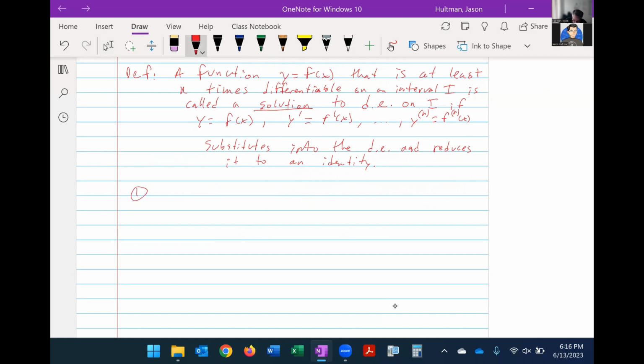Okay, number one, verify that y of x equals c1 e to the 2x plus c2 e to the negative 2x is a solution to the linear differential equation y double prime minus 4y is equal to 0.